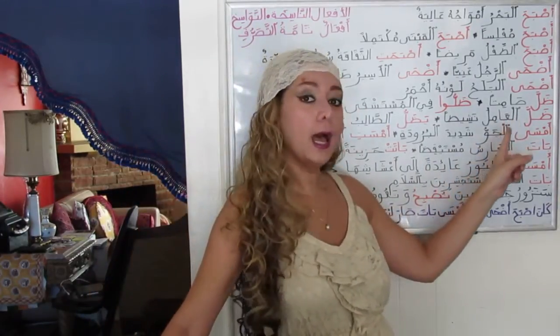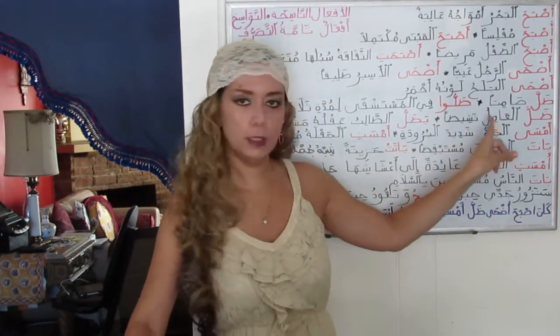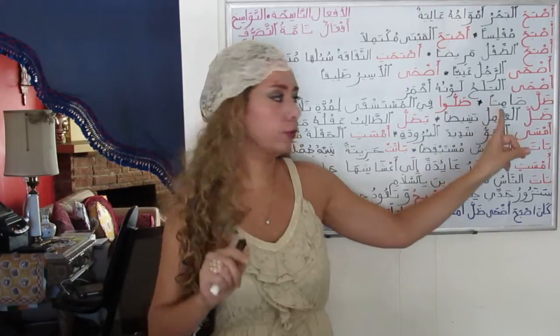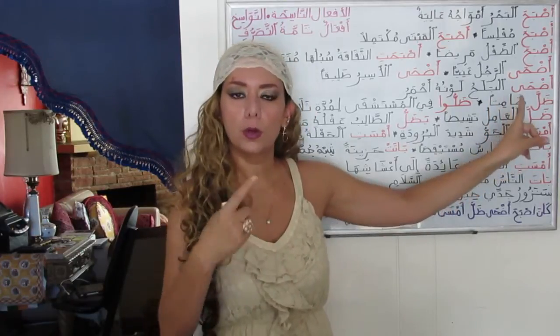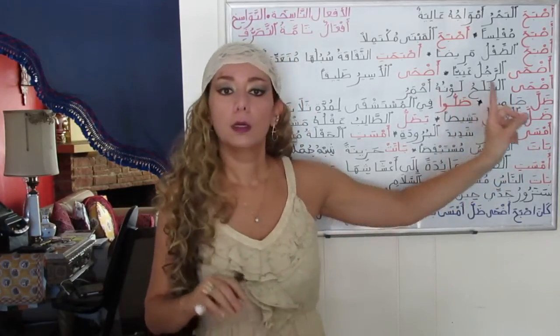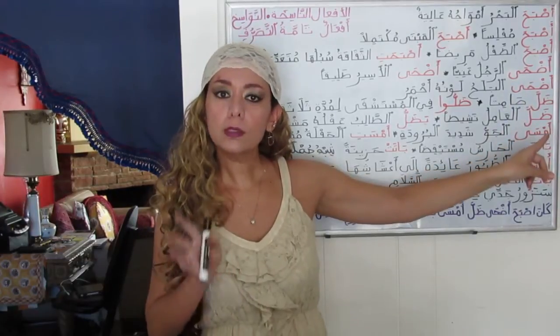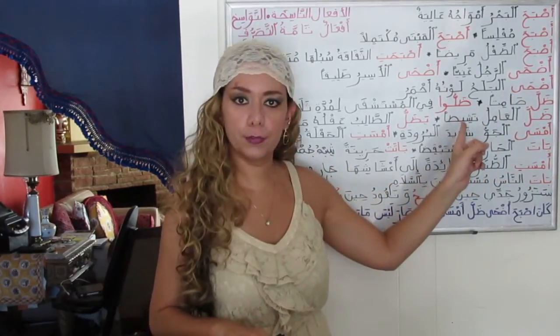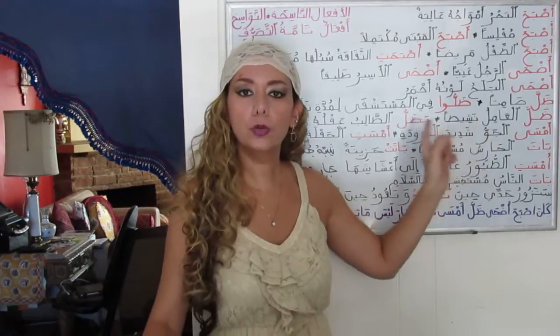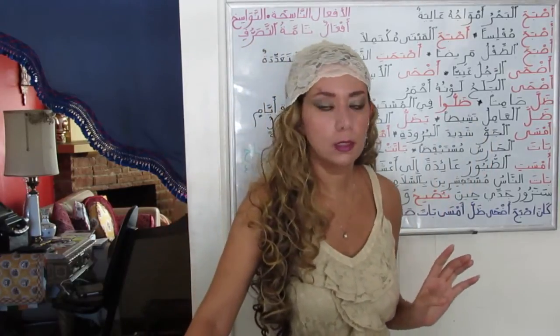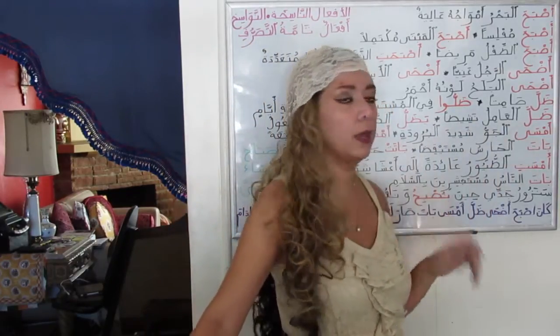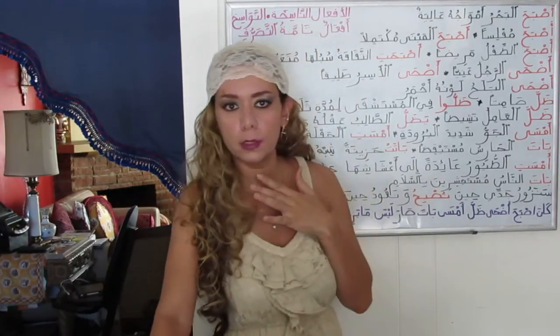ظل العامل نشيطا. The worker is the noun of ظل, اسم ظل, remained or stayed active. Here is the predicate. If I say ظل العامل, would you understand the meaning?